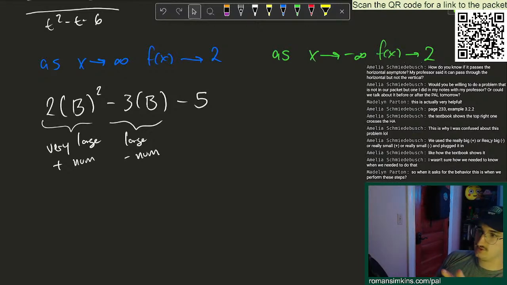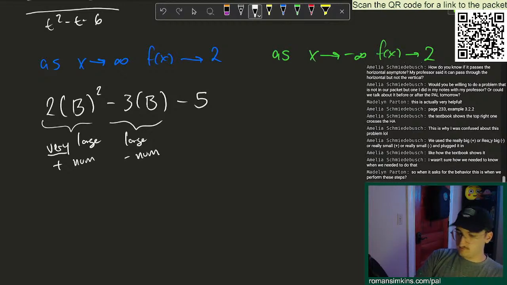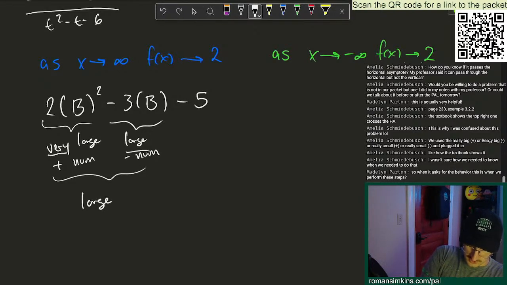Anyway, back to what I was saying. We have a very large positive number versus just a normally large negative number. When you subtract that large negative off of a huge positive, you're still going to get a large positive number.